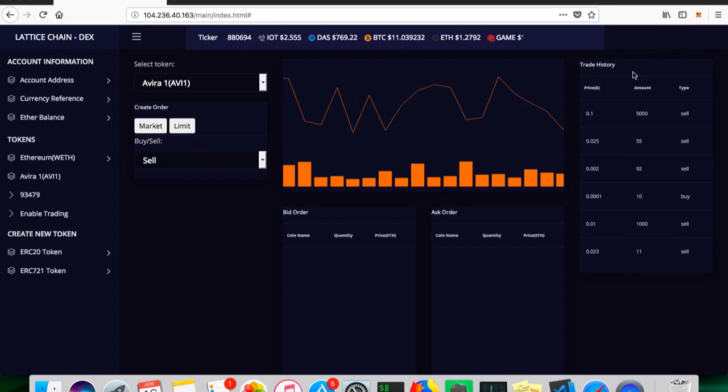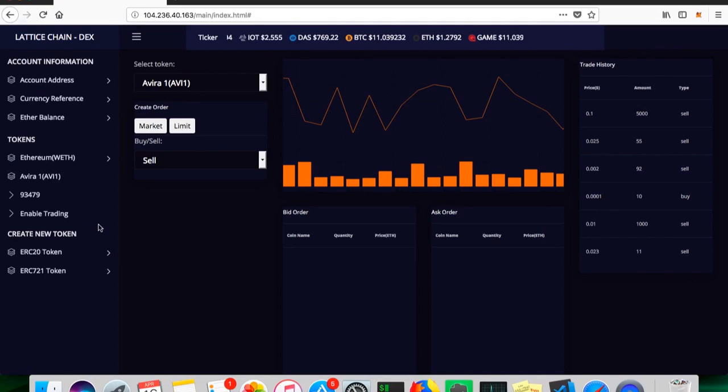So to begin with, let me give you a quick brief about the interface that we have created. On the left hand side, the left hand panel gives information about the account address of the owner, the currency references, and the ether balance in that account. It also gives a complete picture of all the tokens out there, and then we've got a customized feature to create new tokens, which could be either an ERC20 or an ERC721, and that could be traded further in the exchange.